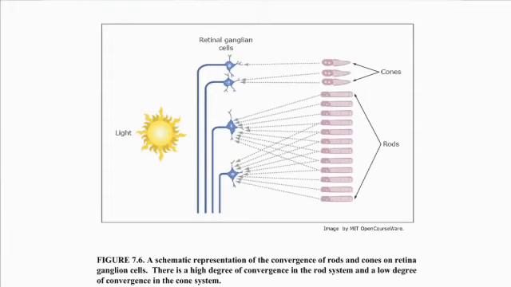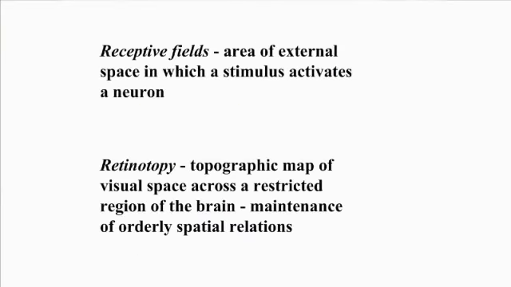Another big difference is that the cones, the ones that respond to color and that are in the middle of the fovea, have an almost one-to-one relationship between the receptors for color information and the neurons that leave the eye with information that will go into the brain. The rods have a many-to-one relationship. Many rods contribute to a combined calculation of some kind for a single neuron that leaves the eye. So you can already see at the very first moment of reception from the rods and from the cones, very different kinds of processes are being begun as you begin to see.